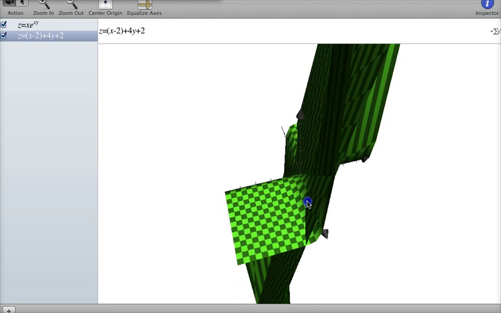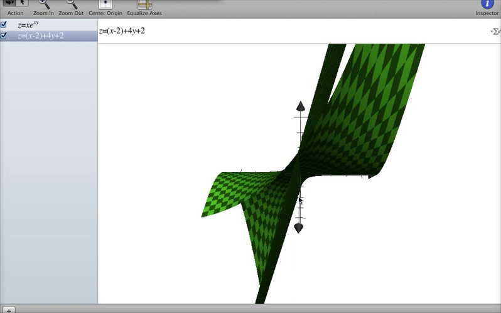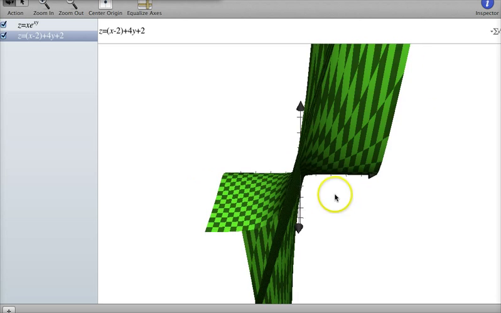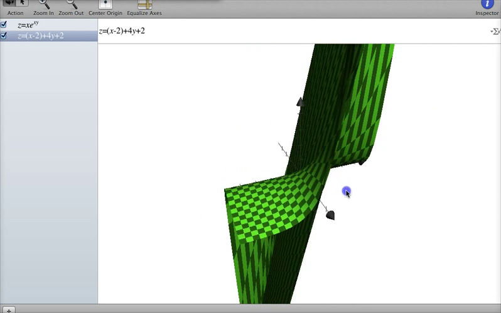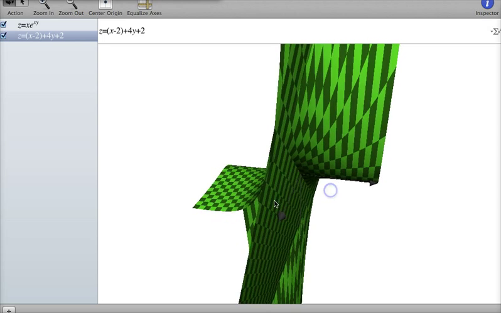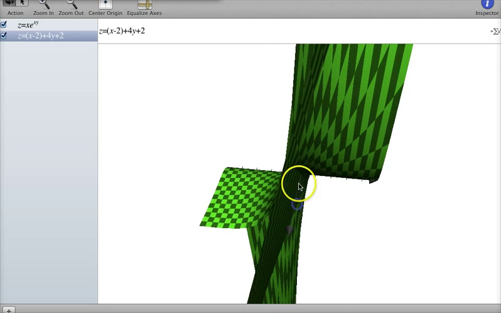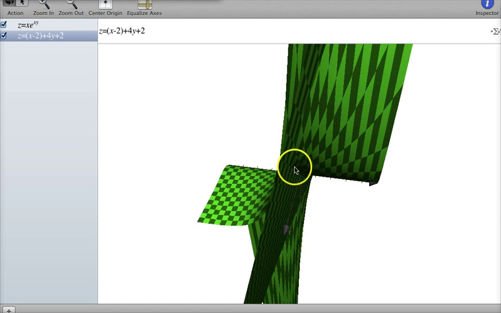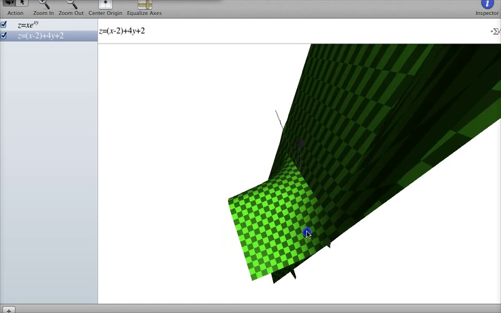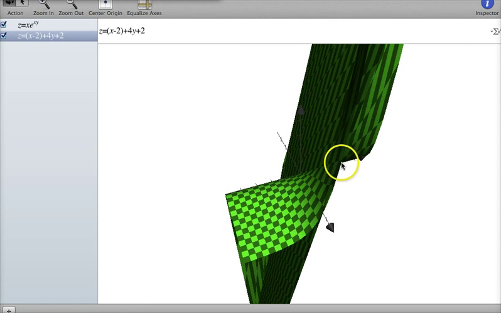Here we can actually zoom in a little bit and take a look at that. So our 2 is going to be about right here, and our 0 on the y-axis, so we're just talking about the x-axis right here.